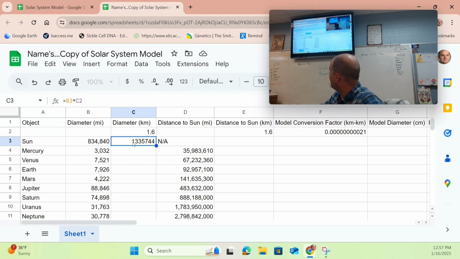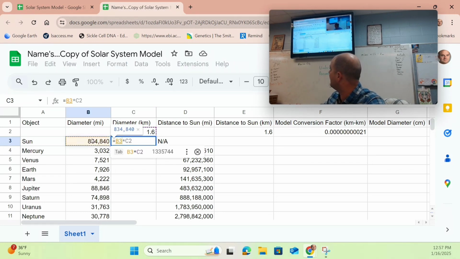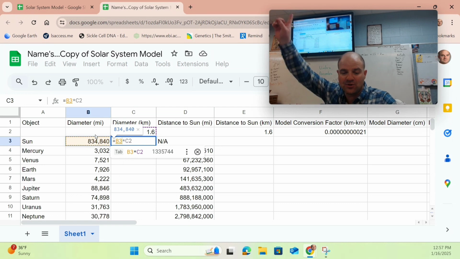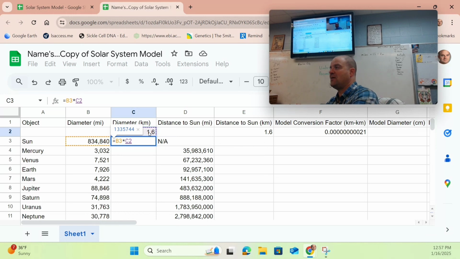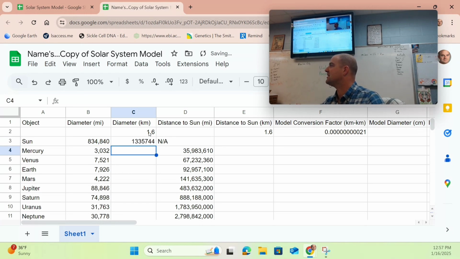If it didn't automate it for you, you would go equals sign, click on that box, go Shift 8, click on this box, and then hit enter. Does that make sense? Instead of clicking on the box, you could type in B3 times C2.